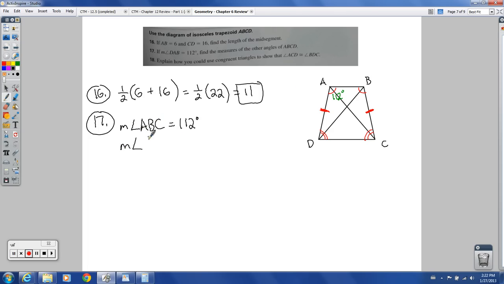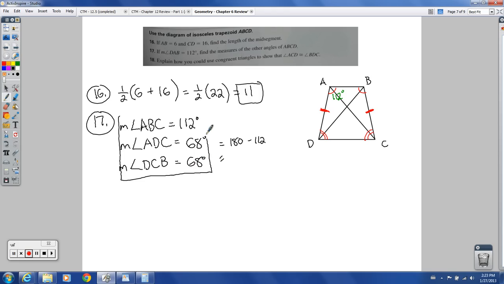The measure of the other angles, we got ADC would be another possibility. We know since this side is parallel to this side, these two should add to 180. So we should say that that one would be 68. That is 180 minus 112. And the same thing is going to be true since that's congruent to that. Same thing is going to be true about DCB. You could also call it BCD. C's got to be in the middle though. So 68 degrees, that's the same thing there. So that should be it for number 17.